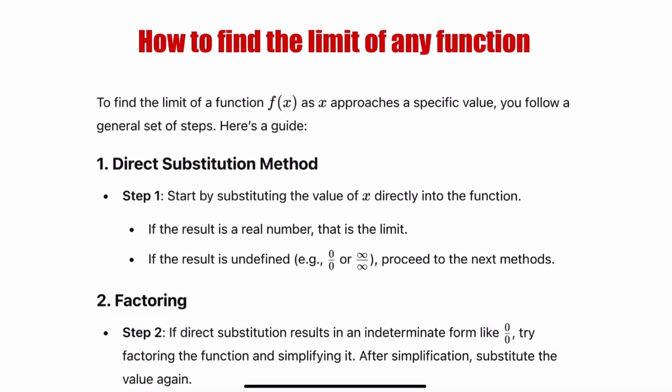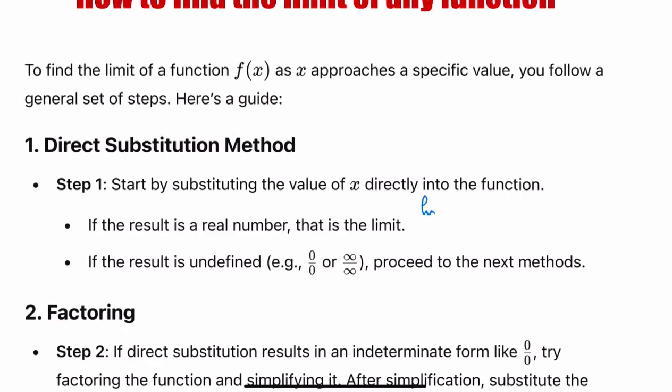For example, we want to find the limit of 3x plus 1 when x goes to 2. You just substitute 2 there and you get the limit directly. So that means the limit is 7.